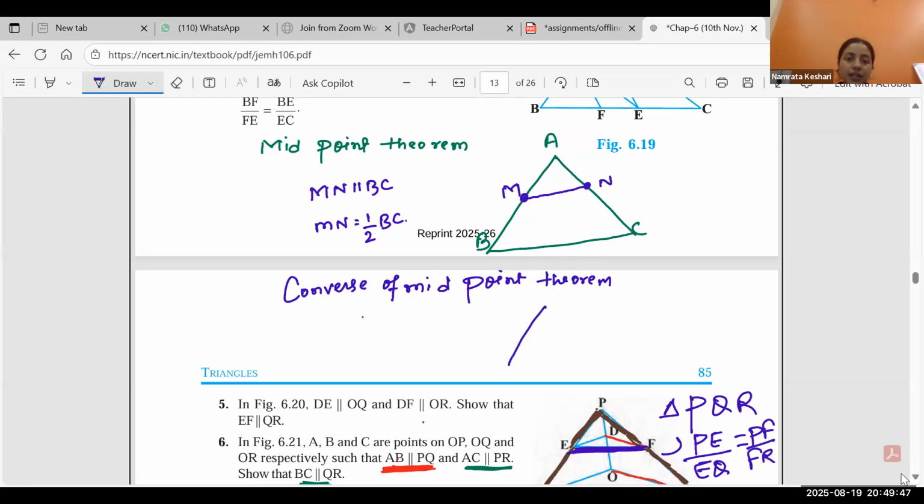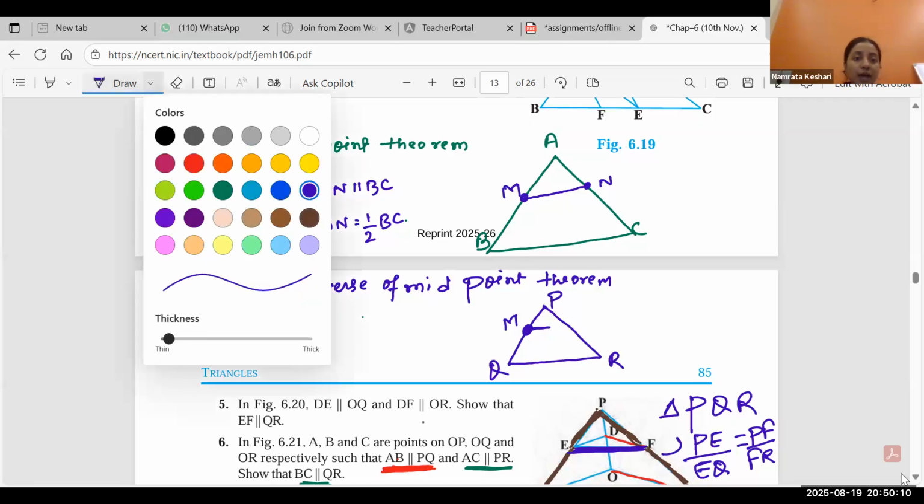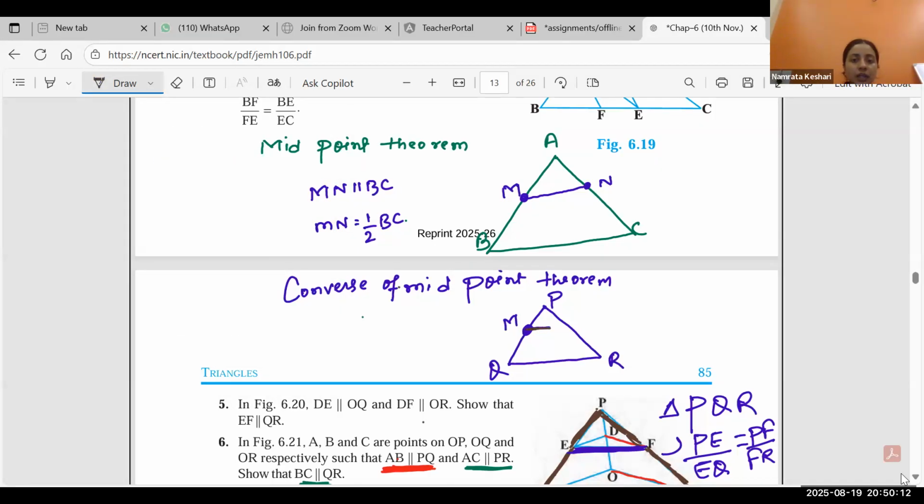If we have a triangle and we know the midpoint of one of the sides, and a line is passing through this midpoint, and that line is parallel to the other side, then the line starting from M is not a random line, it is parallel to this one.